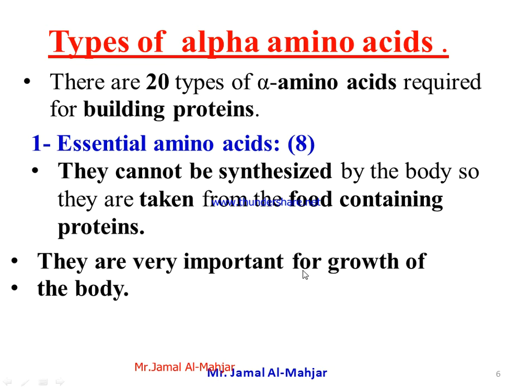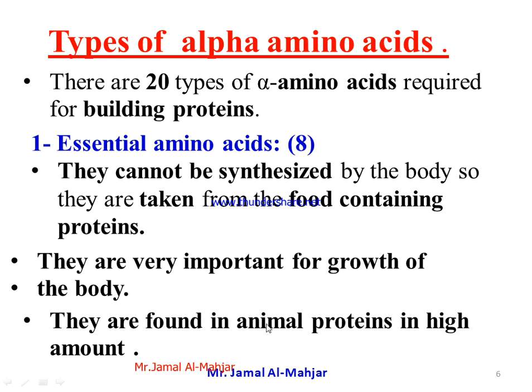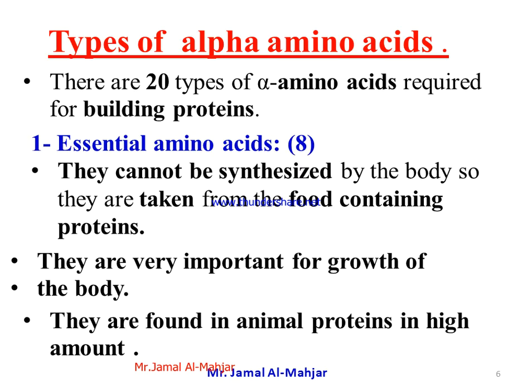Okay, they are very important for the growth of the body. They are found in animal proteins in high amount. Animal protein is better than plant proteins. Why? Because animal proteins contain a high percentage of essential amino acids.